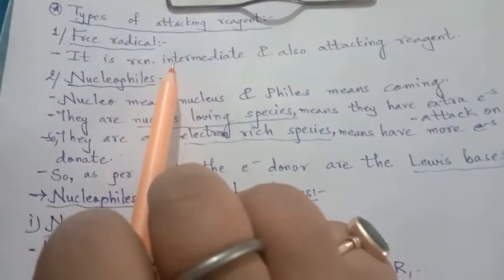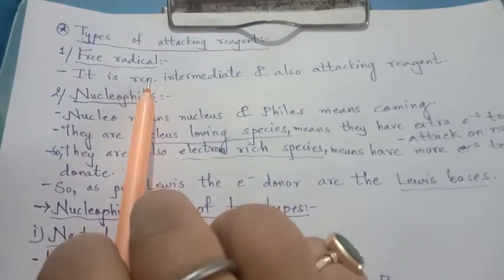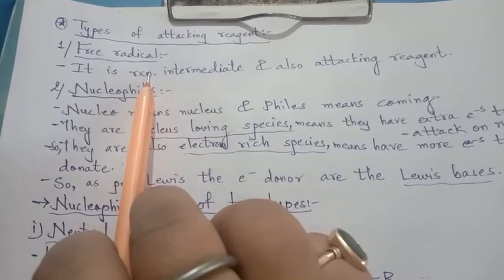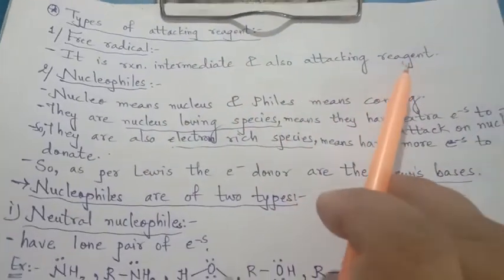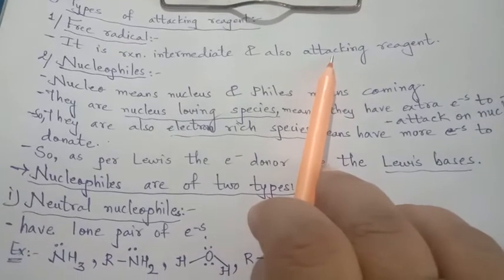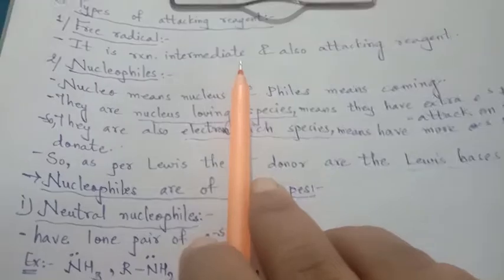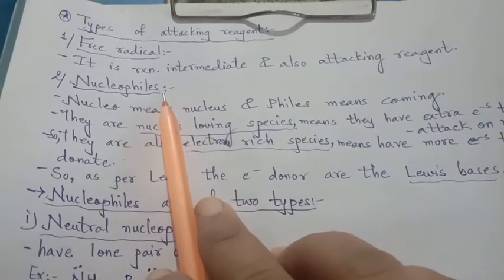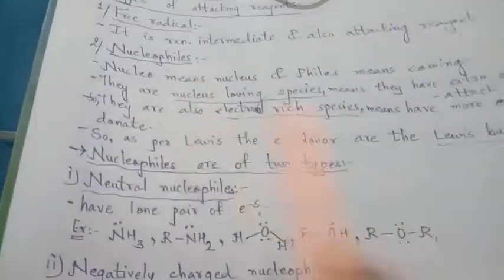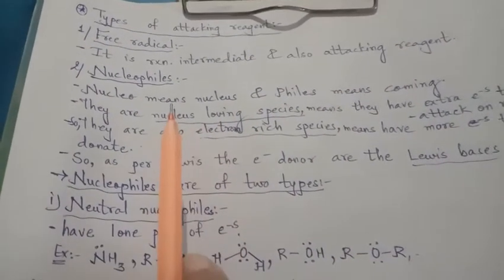That means it reacts as an intermediate to help the species to proceed, and it also reacts as an attacking reagent. Wherever in the reaction the need arises, it can attack the main reactant to give the product. Right? The rest is whatever we have discussed in reaction intermediate.